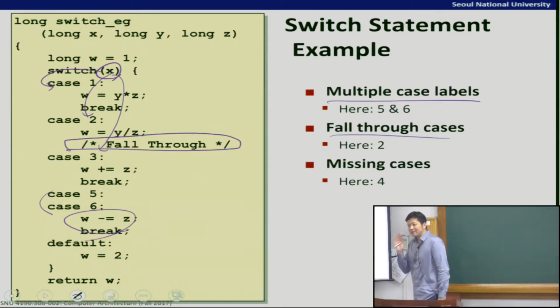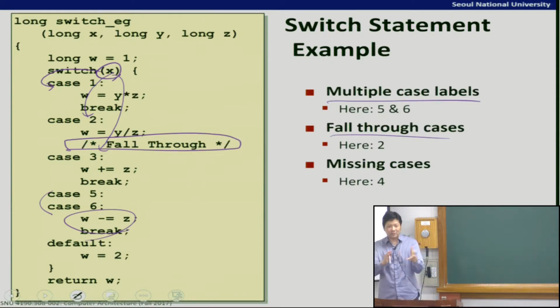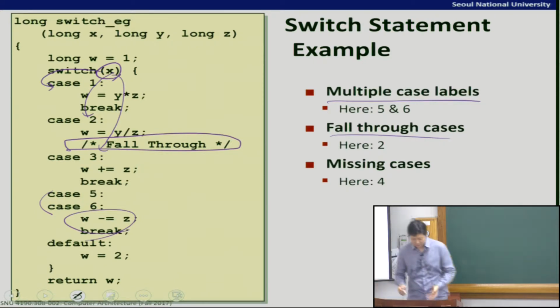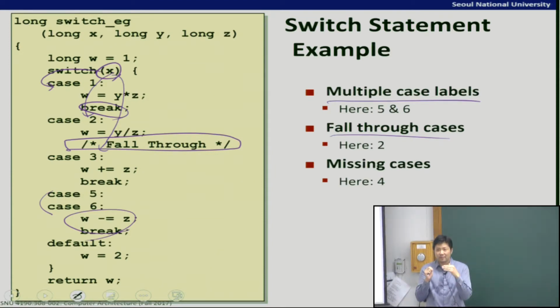One very common bug when you write code is you miss a break statement, right? Whenever you're done with your case, you have to place a break. Then you skip the rest of the body, and you go to the next line, right? But sometimes you make a mistake not placing this break, and then you keep executing the remaining body of the case statement, right? So this is an interesting case.